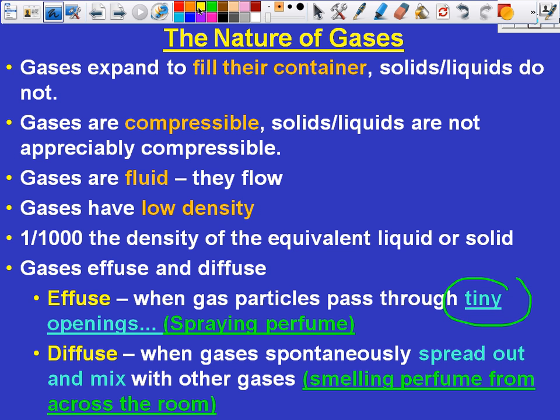Now, diffusion is, imagine if I'm standing in front of the class and I spray something, and it takes a few seconds, in the back of the classroom you can finally smell it. Well, what that tells me is that gas was able to mix with all the other gases and to spread out and mix. So again, to diffuse means to spread out and mix. So basically, smelling perfume across the room is a good definition of diffusion.